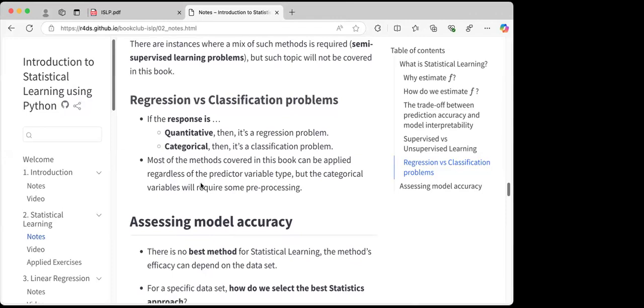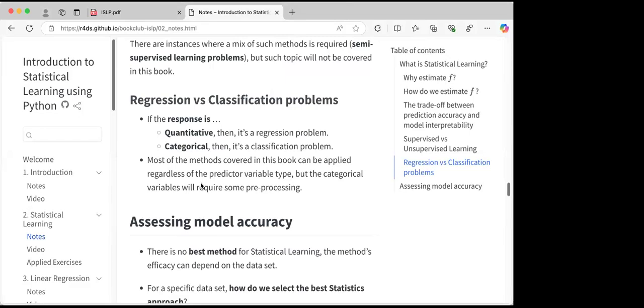Yeah. So most of the methods covered in the book can be applied regardless of whether the x's, the predictor variables, are quantitative or categorical. It's not a problem. We could always use them. The only thing is when they are categorical, we have to give them proper and consistent coding so that we could use them.